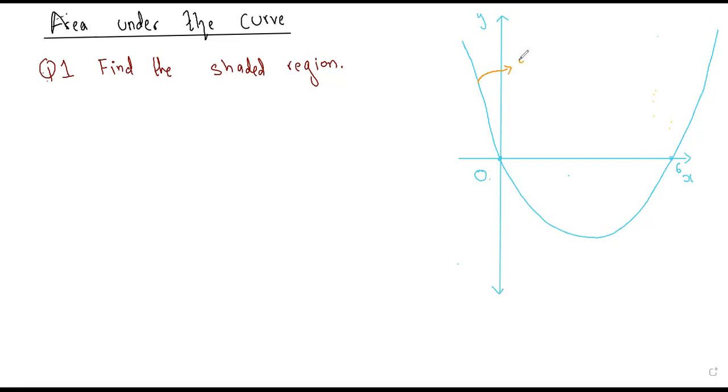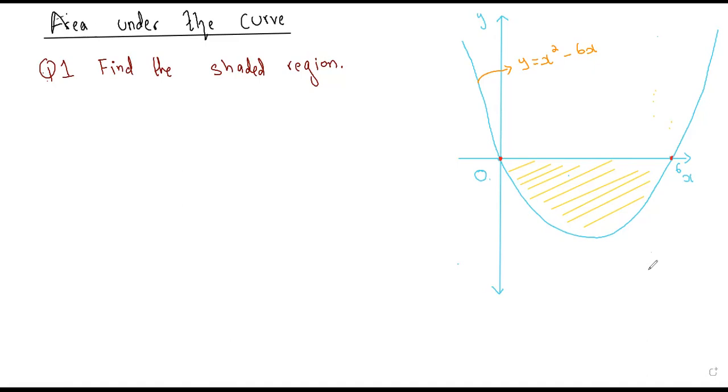The equation of the curve is y equals x squared minus 6x, and the area is this one. So you will understand a change. Okay, now again, you need to see that the area is basically between the curve and the x-axis, right? But what is the difference? The difference is that this time around the x-axis is above and the curve is below.